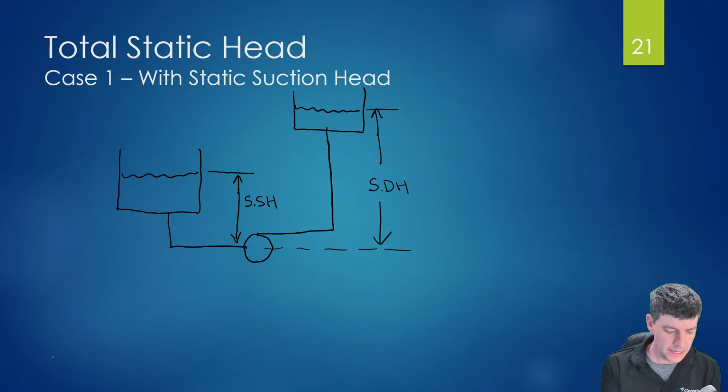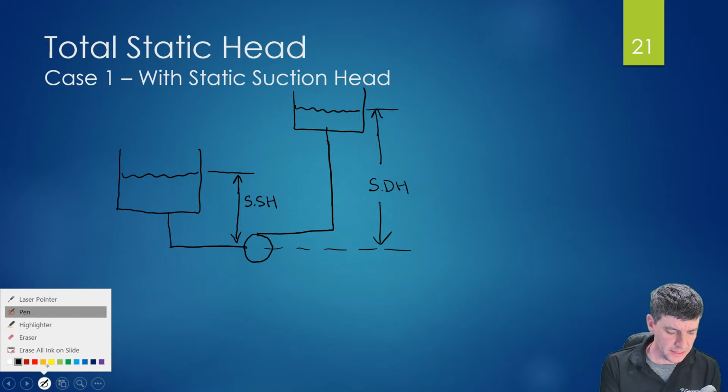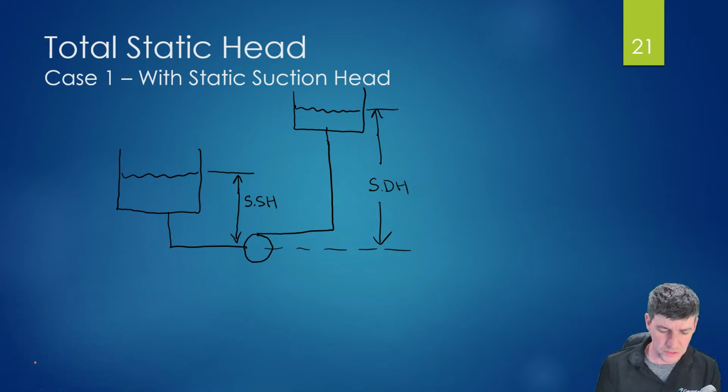Okay. And if we considered the difference between those two, the height difference between that water level and this water level, what we get would be our total static head.